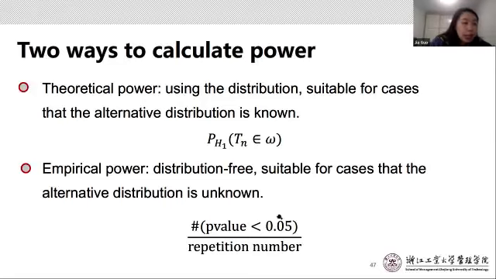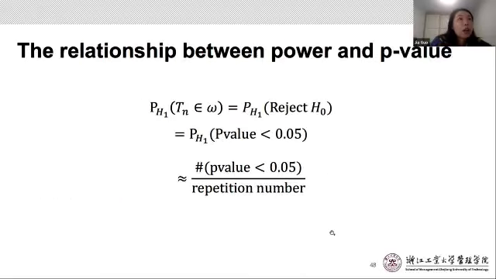We repeatedly generate sample data many times, and then we do a hypothesis test each time. The numerator here is the number of times the null hypothesis is rejected, and the denominator here is the number of the replications. So this is the empirical power.